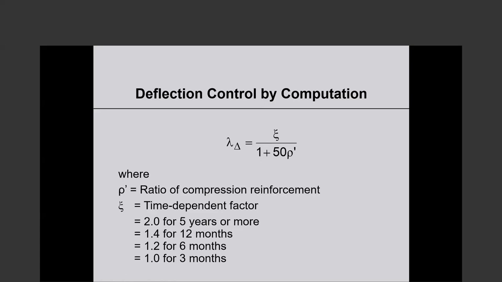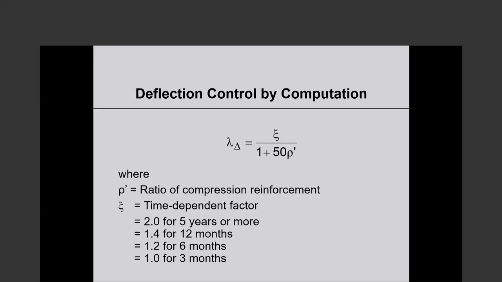If you don't have any compression reinforcement in your beam, and you want the time-dependent increase in deflection, let me make sure that I said one thing right. Lambda sub delta, I said it wrong, now I realize.